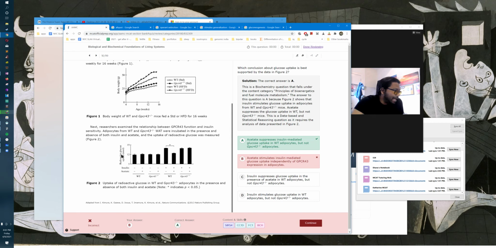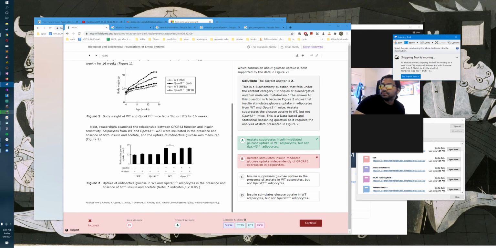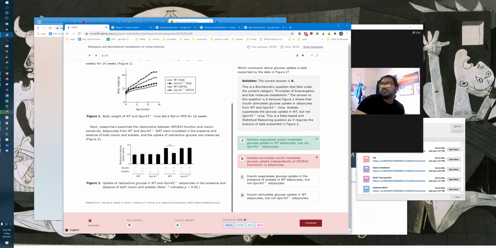But you don't even have to know that. If you didn't know about insulin, you could also deduce it, because in the last WT and the last GPCR43, those two groups, glucose uptake decreases whenever there's also insulin present.